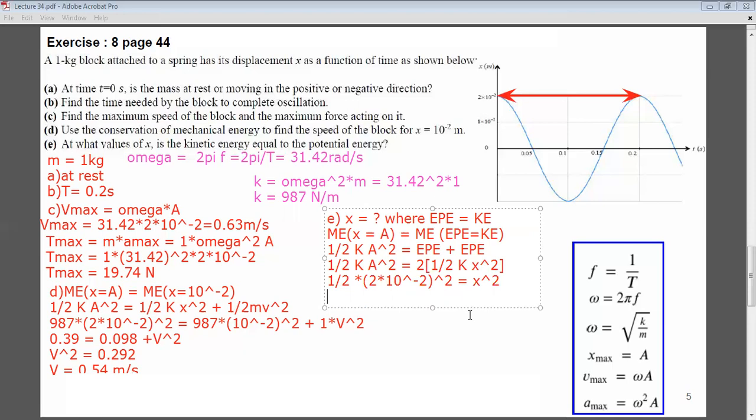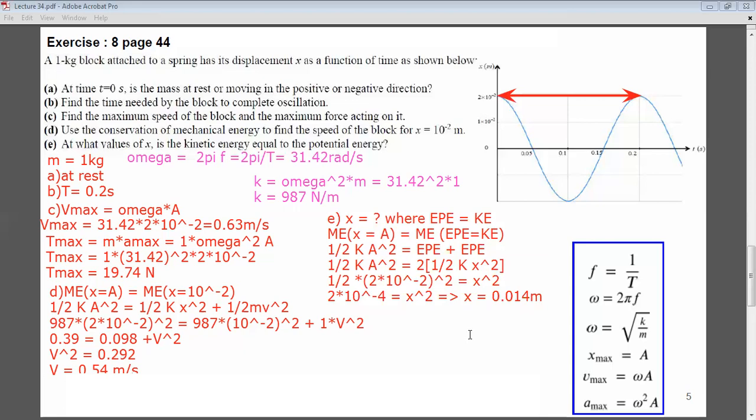This is 2 times 10 power minus 4 equal to x squared, which implies x equals the square root of both sides, 0.014.